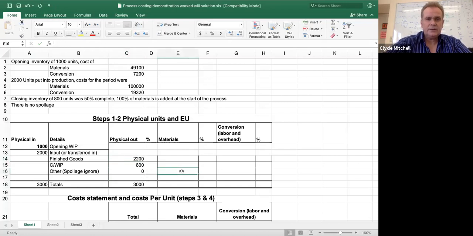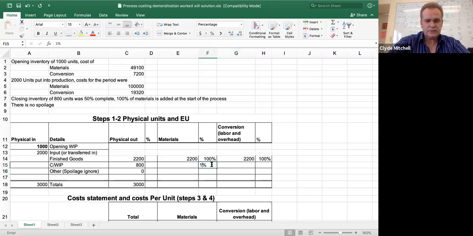Okay, so now we can go and look at our percentages. Obviously, finished goods is always 100% complete. And so if we take 100% times 2,200, we have the 2,200 there. Next, we look at our closing work in progress. And we said that that was 100% complete with respect to materials, but 50% complete, obviously, with respect to conversion.